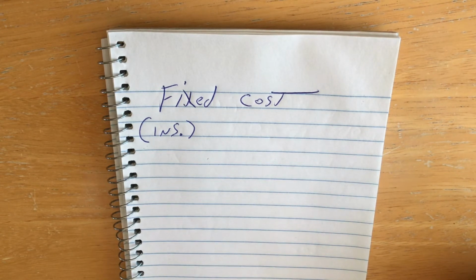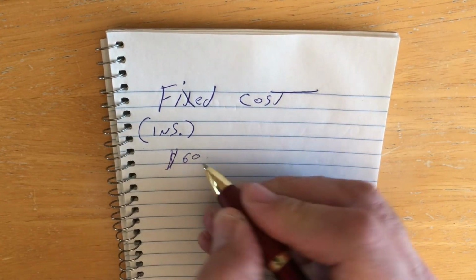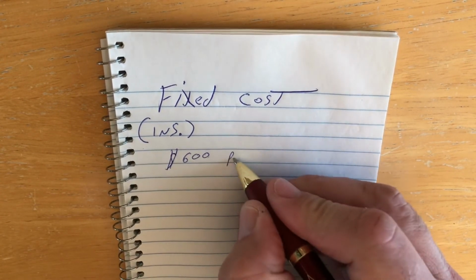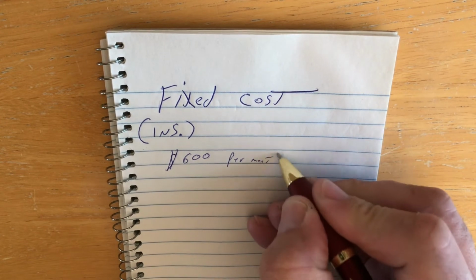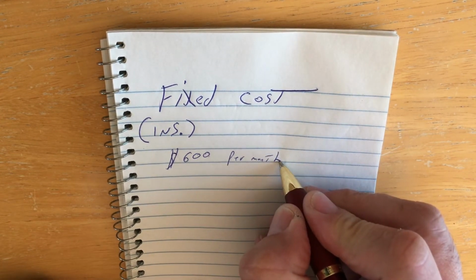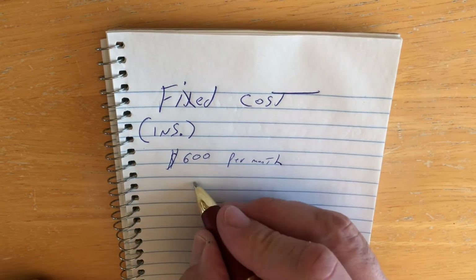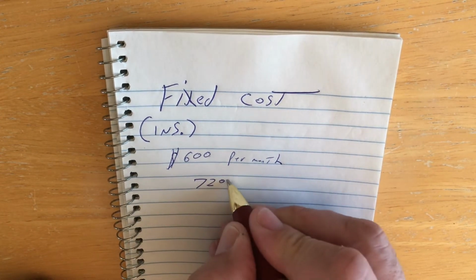So if I were to choose to include my insurance, my fixed cost, into my cost per mile, insurance being approximately $600 per month, and you multiplied that by 12, that's $7,200 a year.